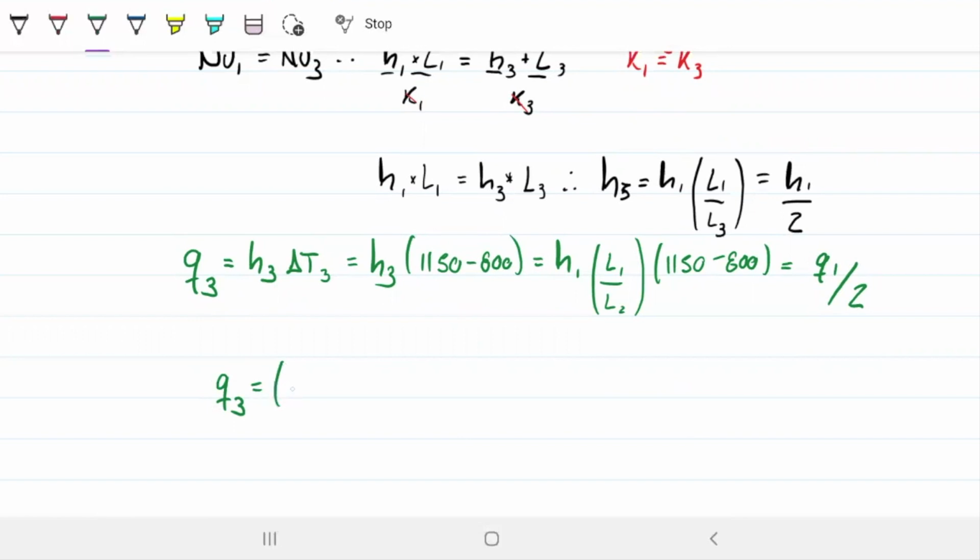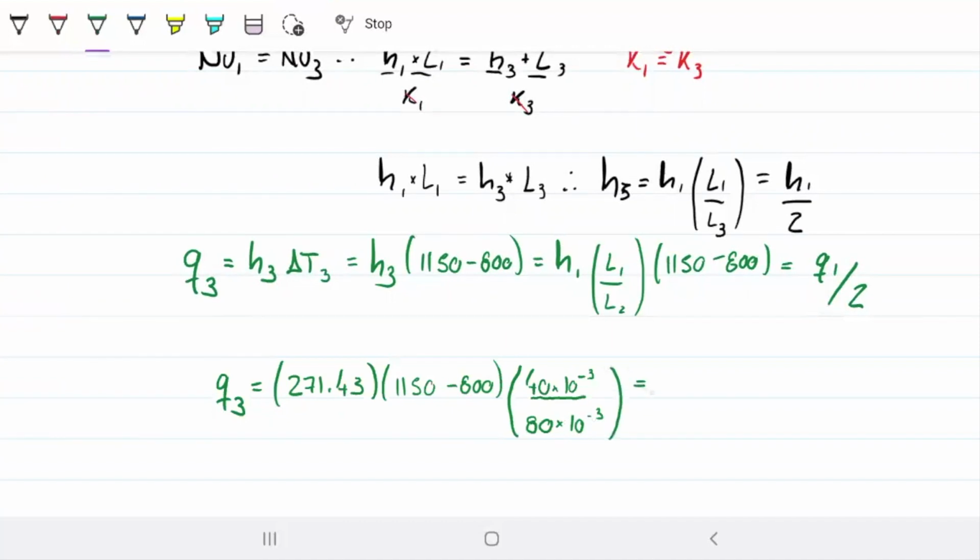So our H1 would be 271.43. Our delta T, 1150 minus 800. And our L, let's actually put them down. So that will be 40 mils. I can convert that into meters if I want to be very conservative, even though they're going to go away as soon as I divide them.